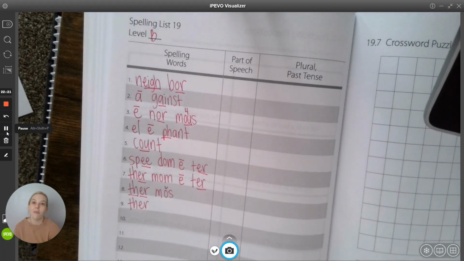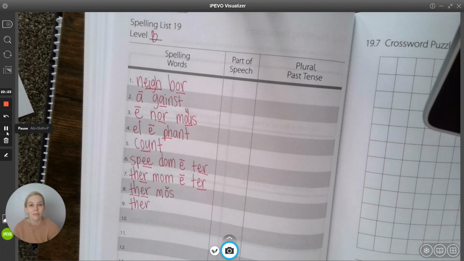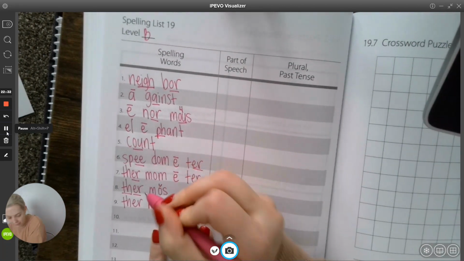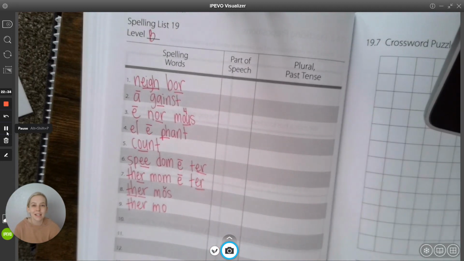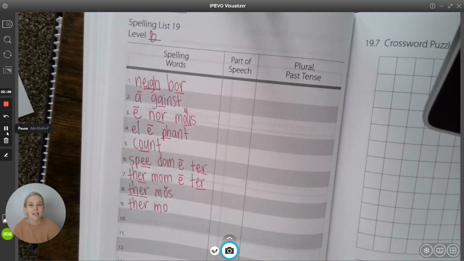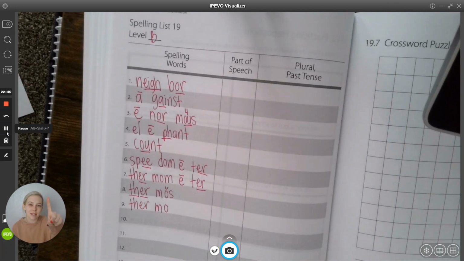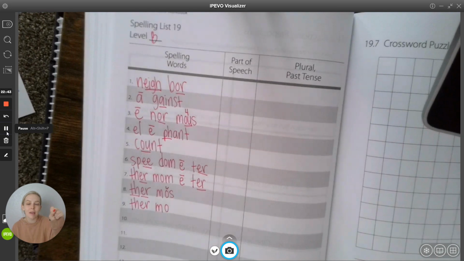Second syllable is mo. Sound it out. O. Finger spell. O. Last one is stat. Sound it out. St. At. Finger spell. At.